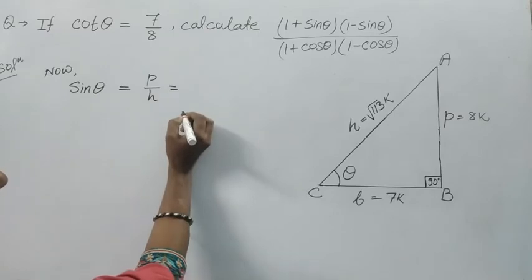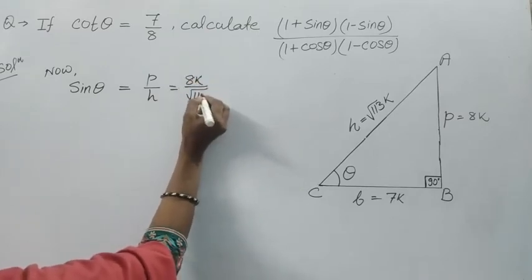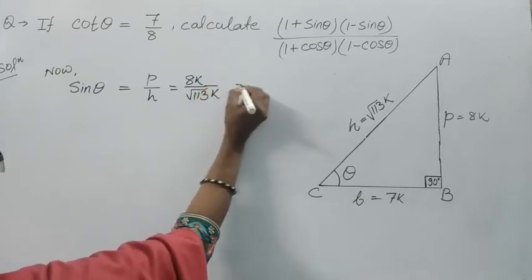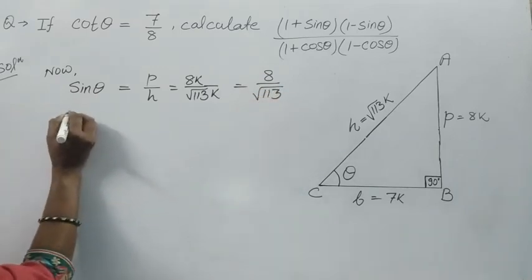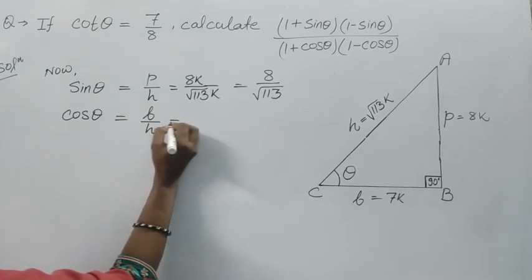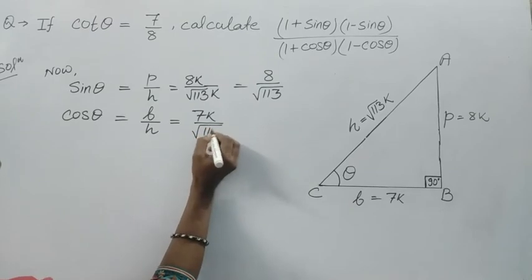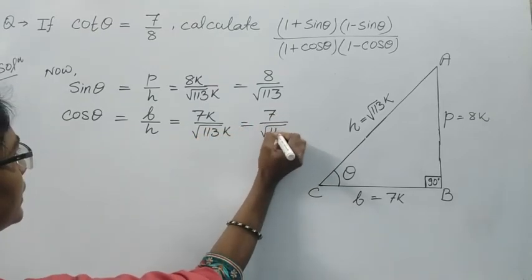So perpendicular is here 8k and hypotenuse is square root 113 k. K cancels. Now cos theta is equal to base by hypotenuse. Base is 7k and hypotenuse is root 113 k, k cancels. So we have this number.